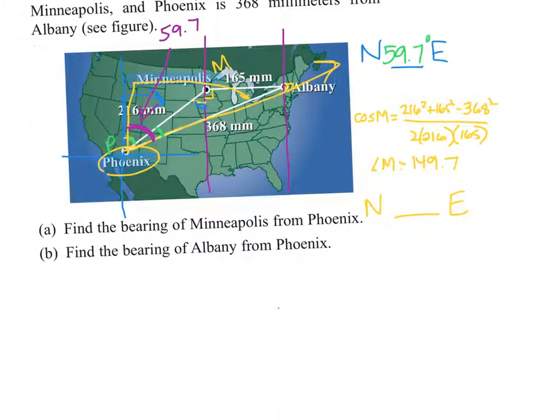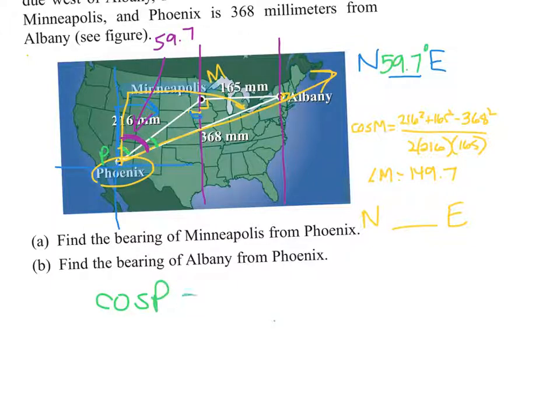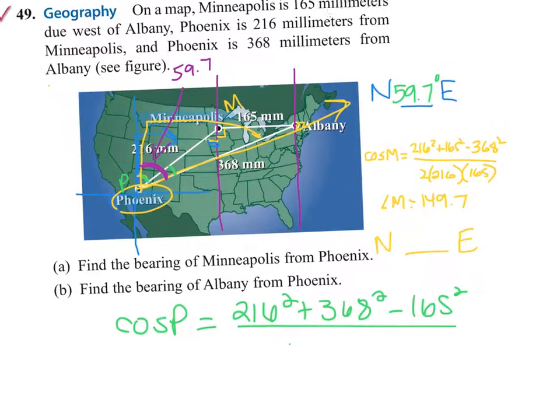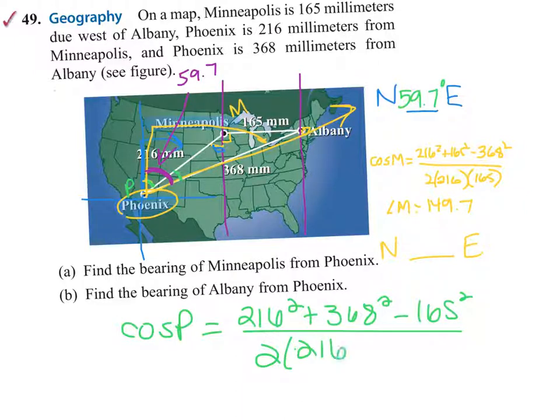So if I'm looking for the angle that is formed by Phoenix, then I'm doing the cosine of P equals 216 squared plus 368 squared minus 165 squared over 2 times 216 times 368.